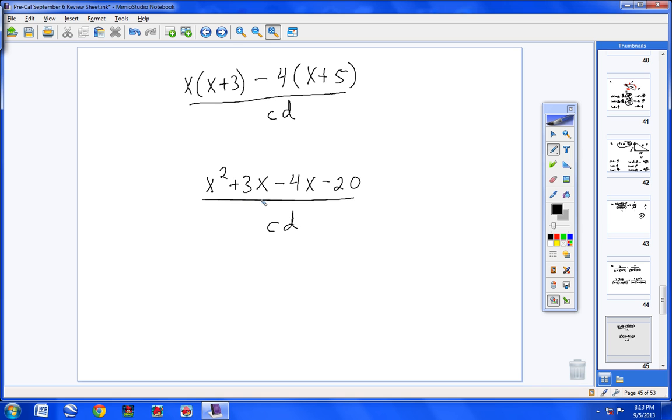And then go ahead and add your like terms. So we would have x squared minus 1x, or just minus x, because these are both x terms. You can put them together, and then minus 20, all over your common denominator, which I forget what that was. 4, 5, and 3. So x plus 4, x plus 5, x plus 3.